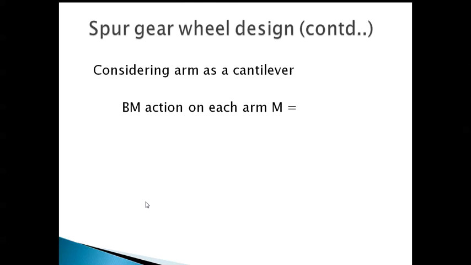That's why it is considered a cantilever beam, fixed at one end and free at the other. Then there is a bending action on each arm, M equal to Fs into R by N.